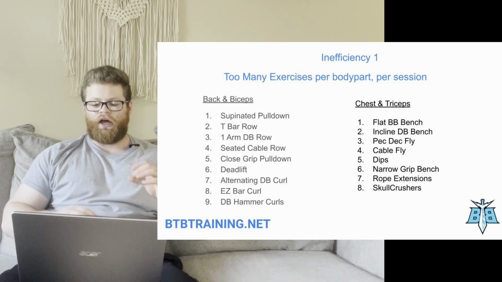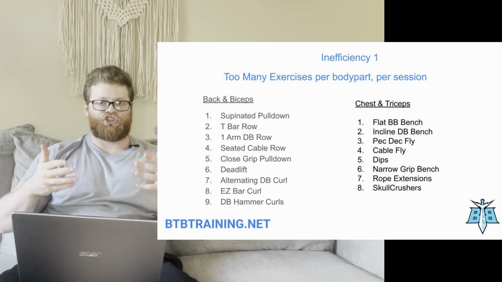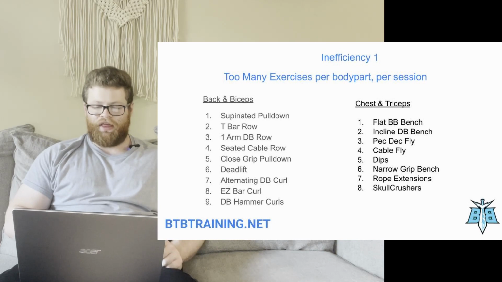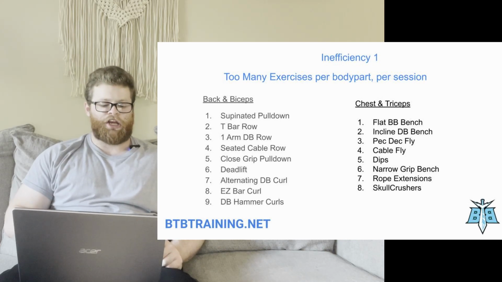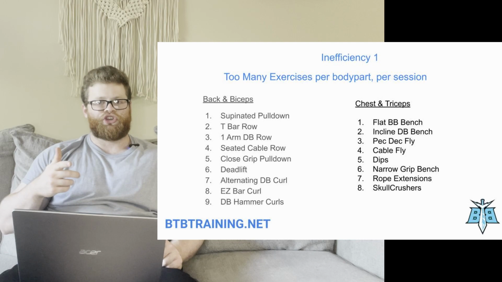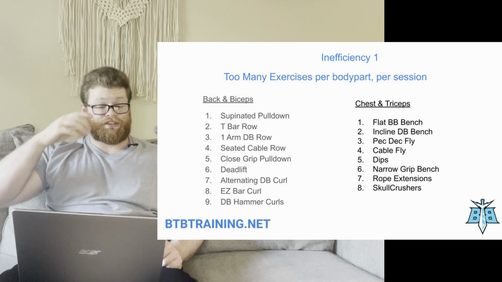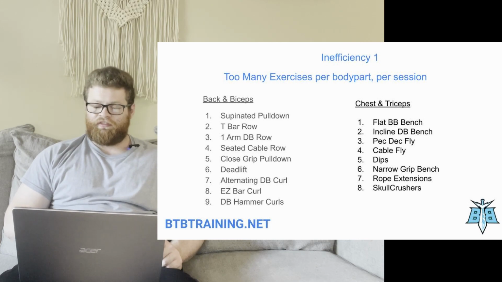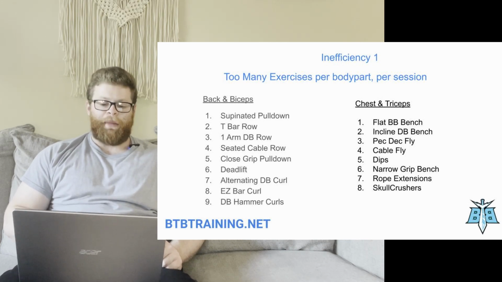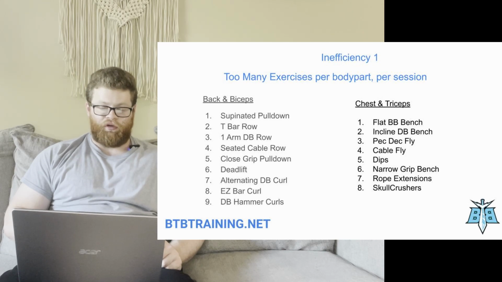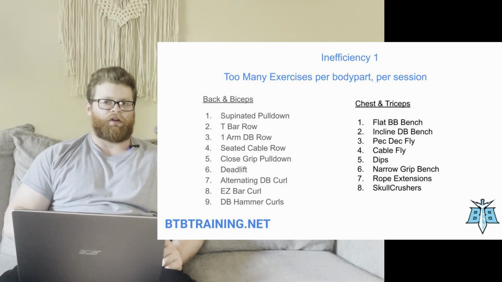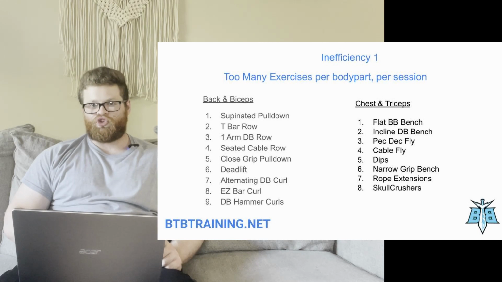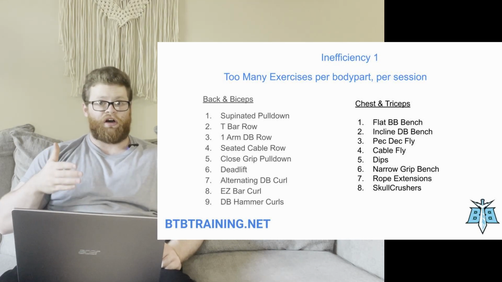So I'm going to give you a hypothetical type of training session that I may see on an application here, and then in the next slide we'll talk about how I would improve the session. It wouldn't be too infrequent for me to see a back and bicep session from somebody where they're doing 3 or 4 different row variations, 2 or 3 different pull down variations, some sort of a deadlift possibly, and then multiple different types of bicep curls.